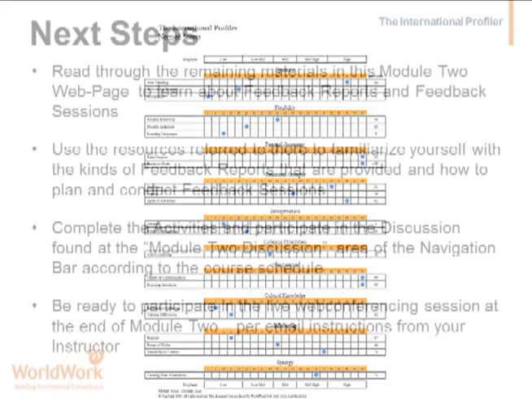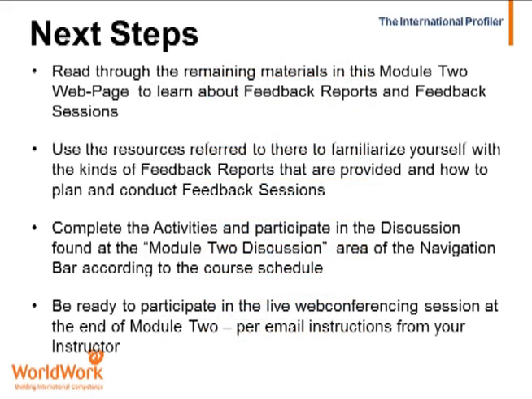Okay, let's talk about the next steps. What you should do next is to read through the remaining materials in the Module 2 webpage, and there you're going to learn more about these feedback reports, interpreting scores, and more about how to conduct a feedback session. You should use the resources there because you'll find links to see examples of reports, examples of communications, to get a little more familiar with how to approach the sharing of the scores and the planning for the feedback session.